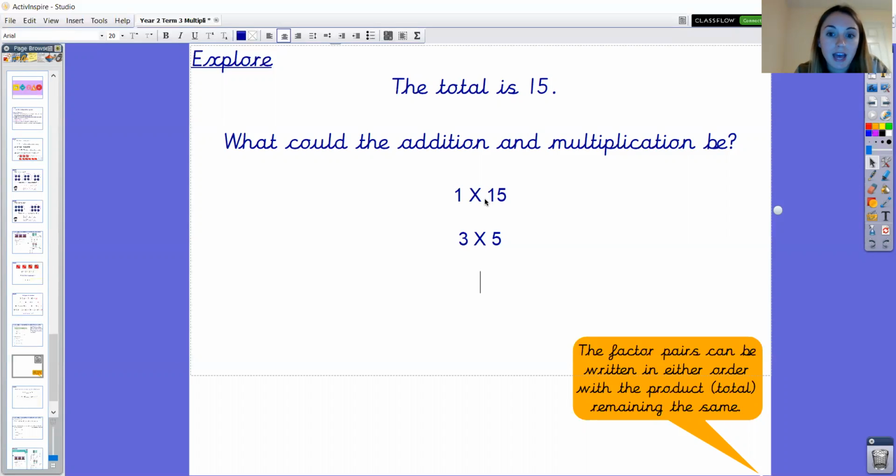So we can write it as 5 lots of 3. This is because the factor pairs can be written in either order with the product, which we also call the total, remaining the same. Brilliant. Okay, so we've written the multiplication. I wonder how we could represent this using addition though.